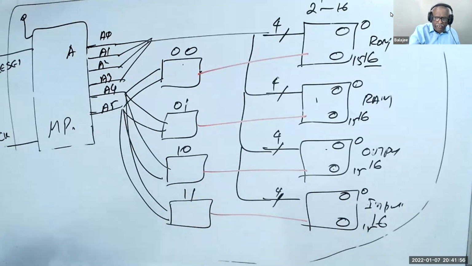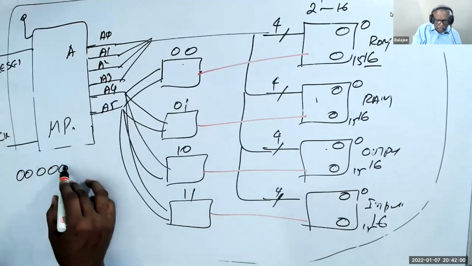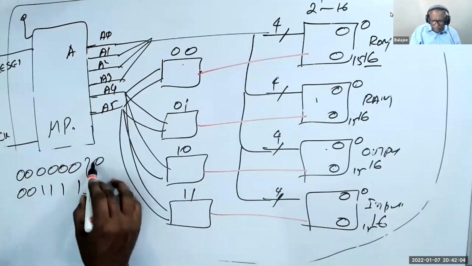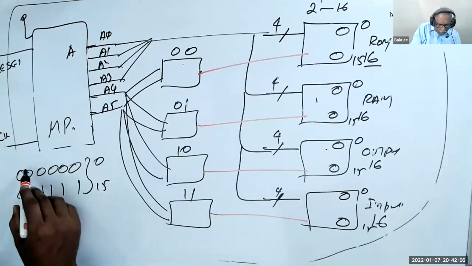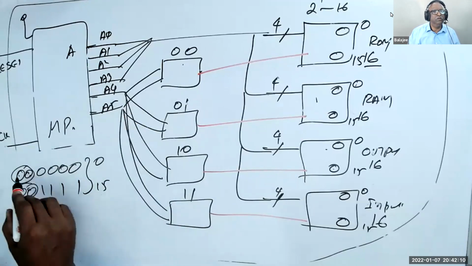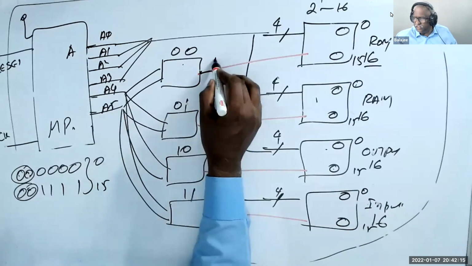Now the microprocessor can give 0000 to 1111. This is 0 to 15. Now the 2 lines A4 and A5 are 0, 0. Because that is 0, this is selected. So this ROM is selected.